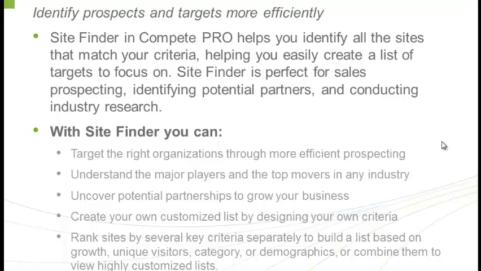With Site Finder, you can target the right organization through more efficient prospecting, understand the major players and the top movers in your industry, uncover potential partnerships to grow your business, and create your own customized list by designing your own criteria. You can also rank sites by several key criteria separately to build a list based on growth, unique visitors, category, or demographics, or combine them to view highly customized lists.